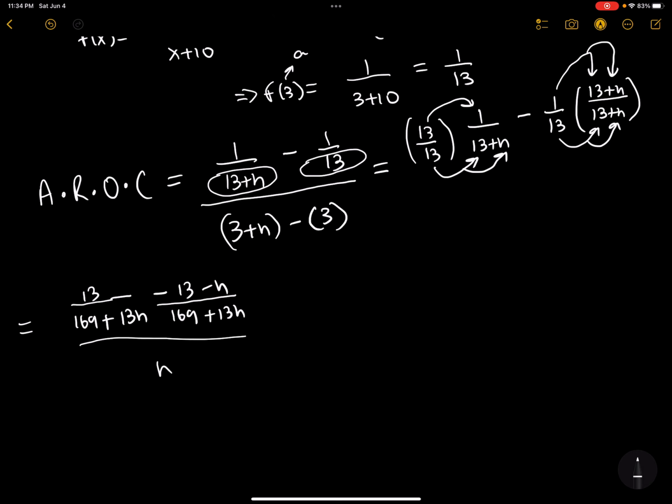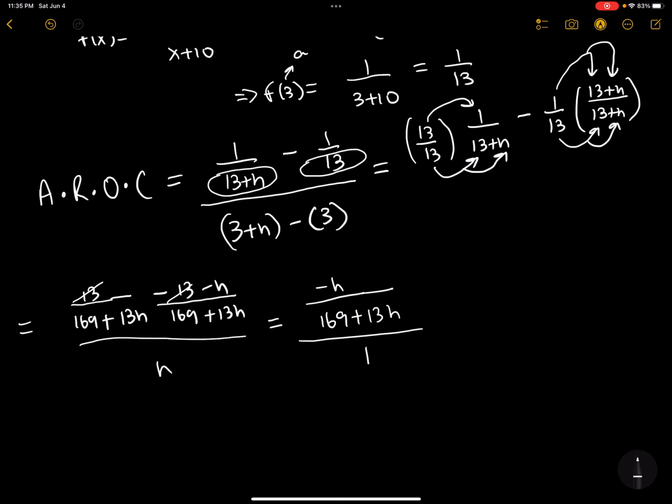So as you can see, we have the same exact denominator, so we can now go ahead and add the top. Well, 13 minus 13 is just 0, and we have negative h over 169 plus 13h, and we can do this because of the rules of fractions, right?